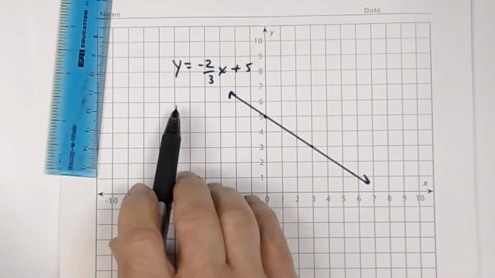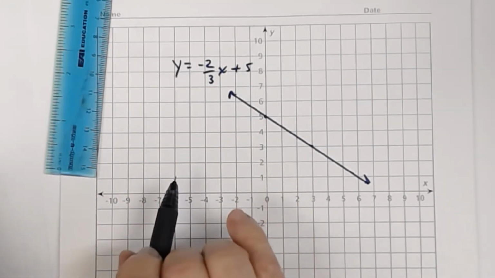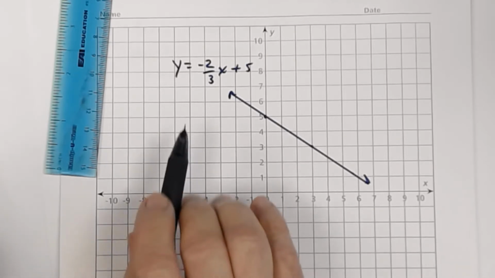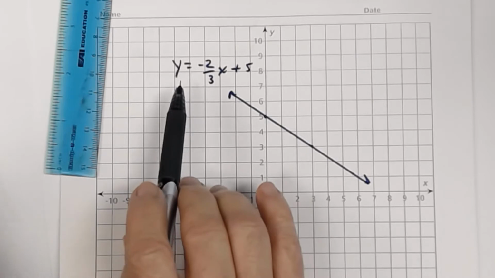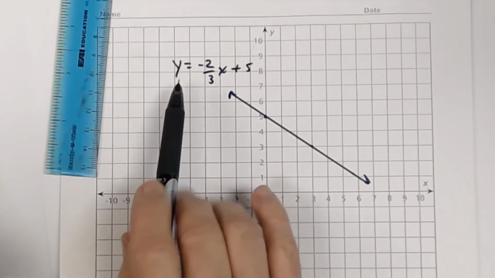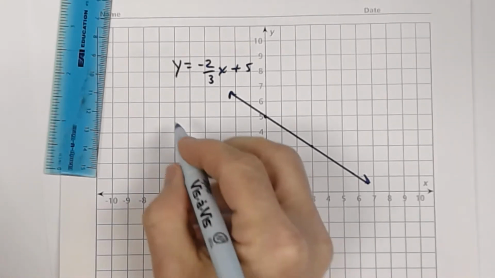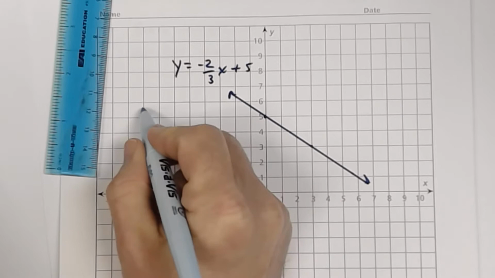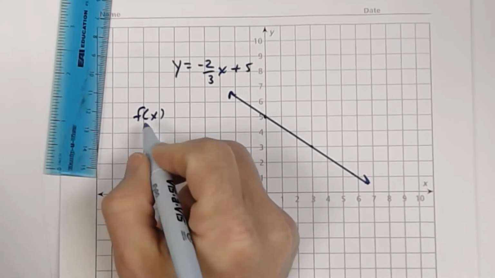Rather than naming the equation y equals negative 2/3 x plus 5, since this is a function, we tend to replace y with function notation called f of x. So this y becomes f of x. Now that's how you read it. You read it as f of x.